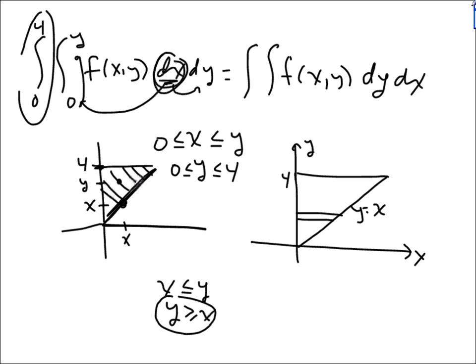Looking at the picture, this point here is 0, and this point here is x, but we want to write x in terms of y. It goes from 0 to y. That's exactly what it says. And then the y values, the least it can be is 0, the most it can be is 4. That's why it goes from 0 to 4.